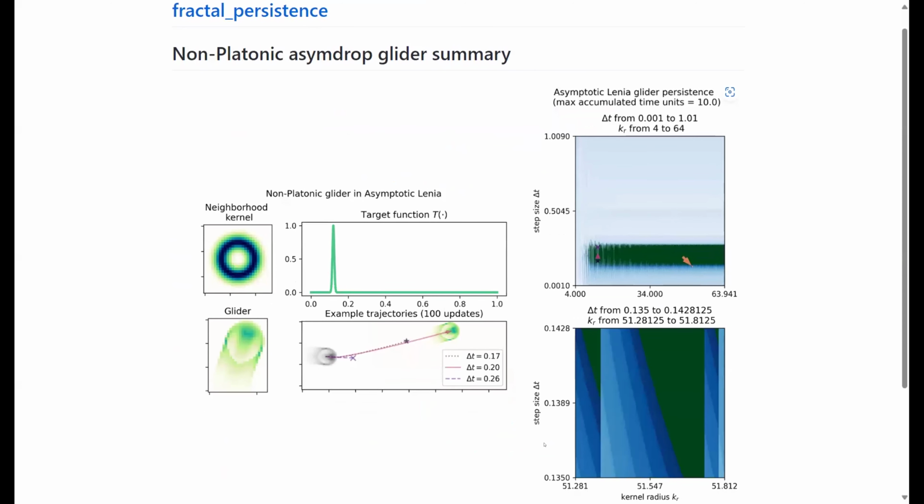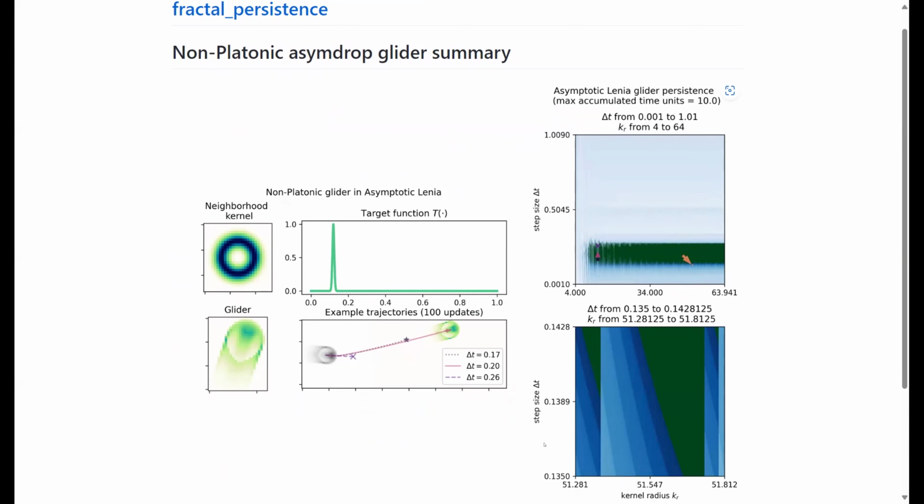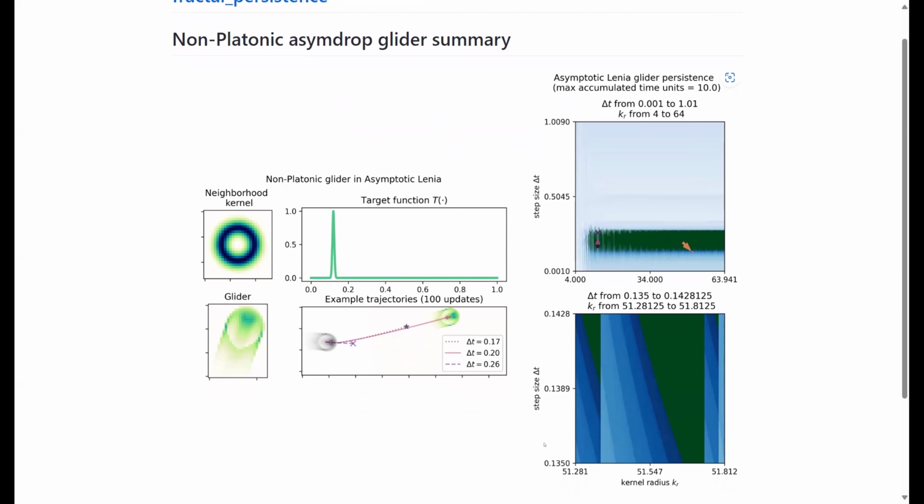And as a summary of this fairly simple result, here are a few example trajectories where we have a step size of 0.2 of the glider leading to persistence. This glider will continue for as long as I'm willing to run it.